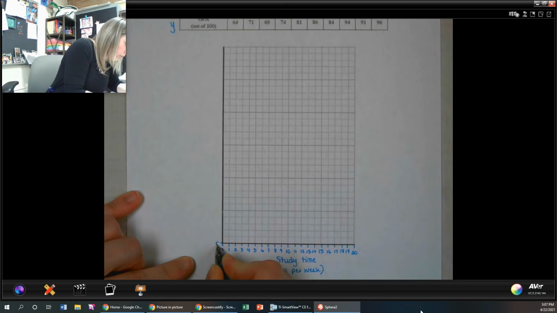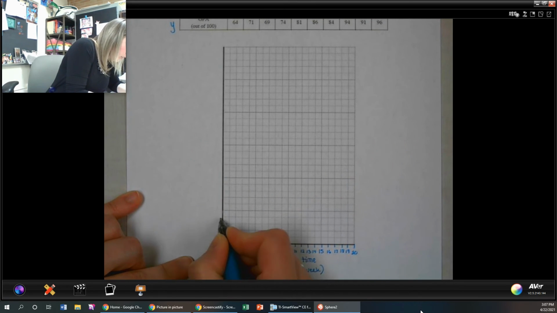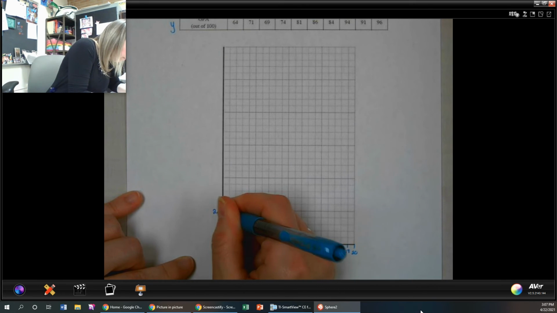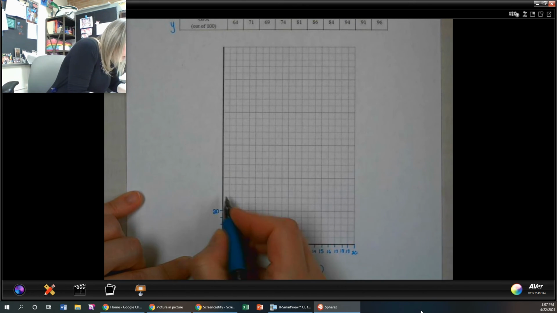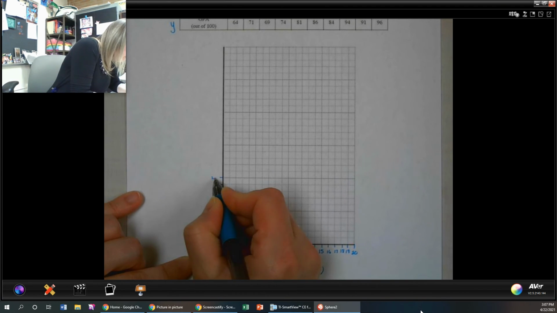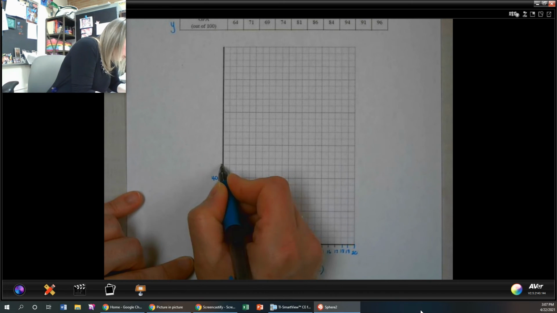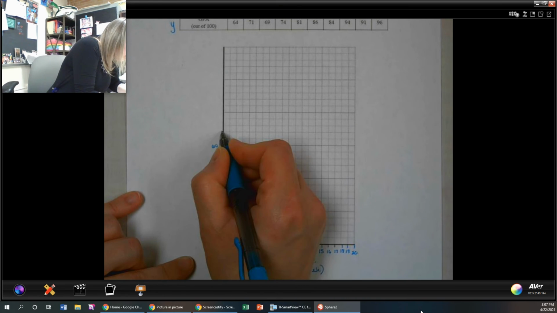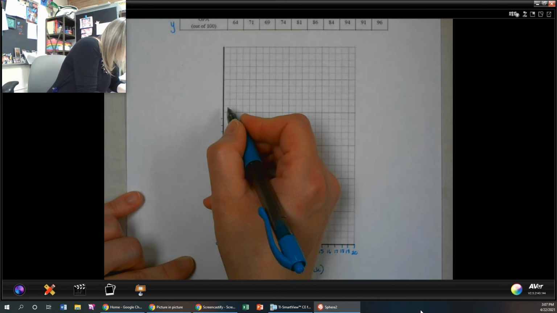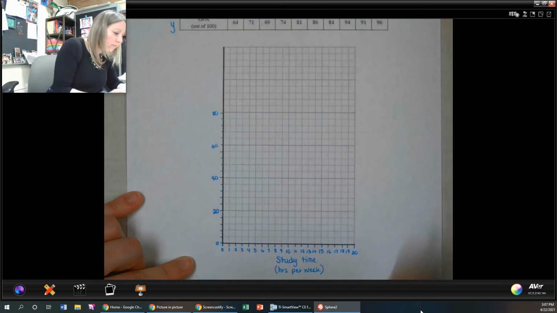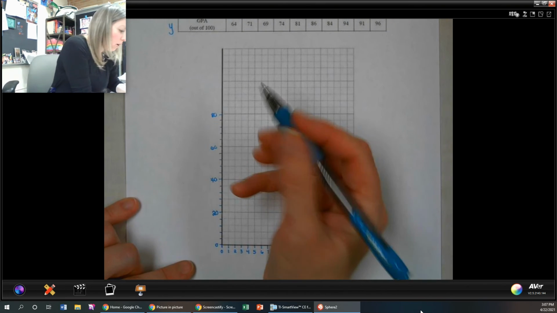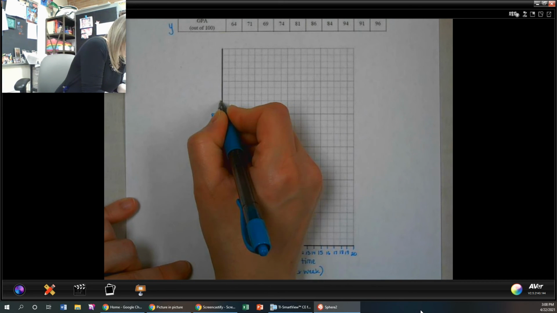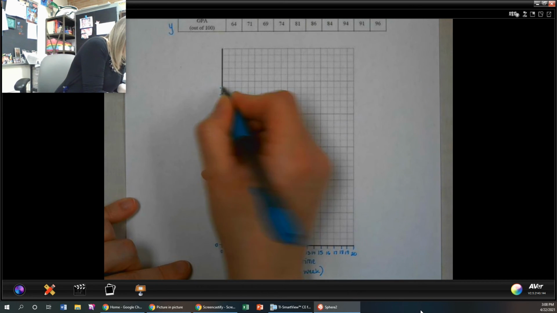So starting with 0, of course, on the bottom, 4, 8, 12, 16, 20, 24, 28, 32, 36, 40, 44, 48, 52, 56, 60, 64, 68, 72, 76, and 80. So we can see how this is looking a little bit more spread out already. 84, 88, 92, 96, which we know is our max, and 100.